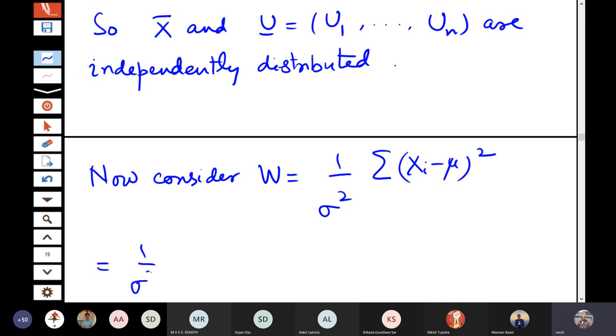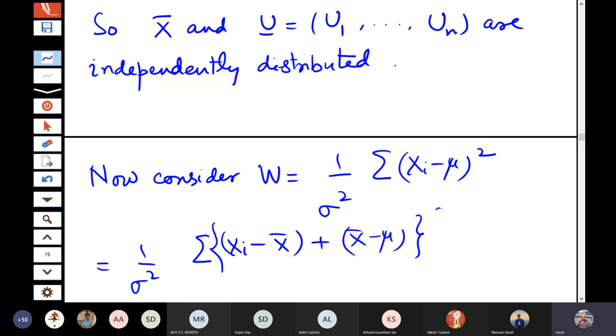This we write as 1 by sigma square sigma (xi minus x bar plus x bar minus mu) square.